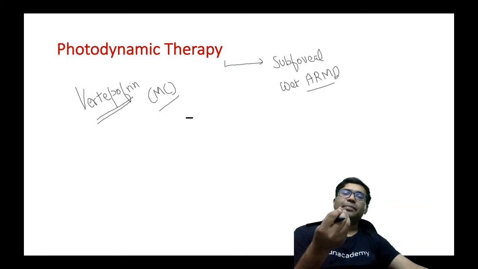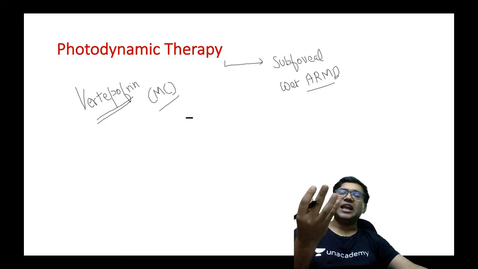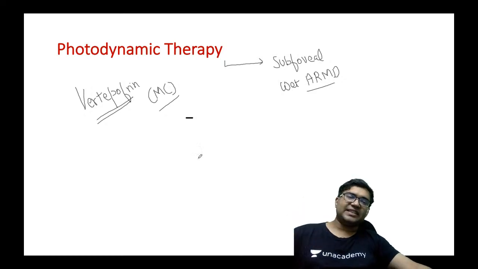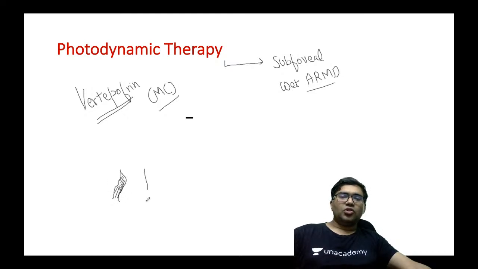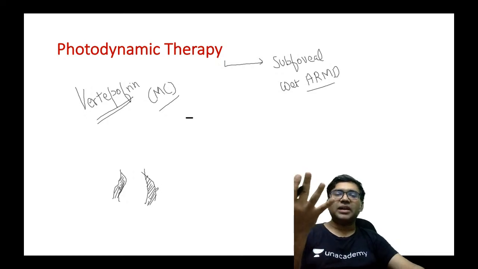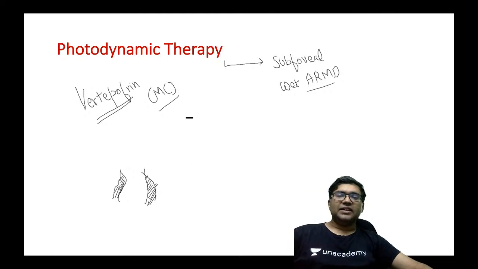The patient is kept in a dark room, and with the help of a camera, we see where the vessels are where this dye is accumulated. So we can see the normal vessels and the abnormal new vessels. And when the abnormal new vessels are seen, we can photocoagulate them.